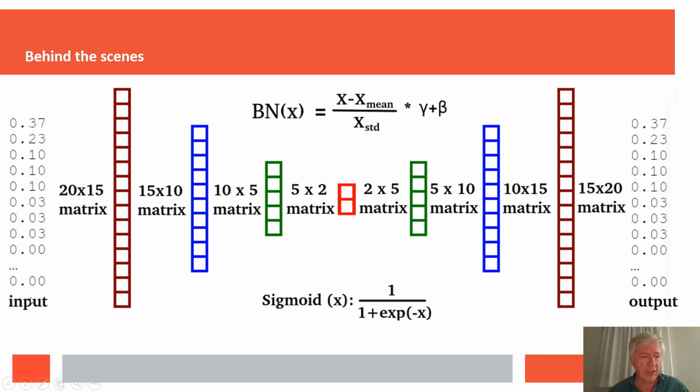The idea is you have this vector, you multiply with a 20 by 15 matrix, then you multiply with a 15 by 10, 10 by 5, 5 by 2, and then we go back 2 by 5, 5 by 10, 10 by 15, 15 by 20, and then hopefully we end up at the same vector. Of course we don't, there will always be differences. That's how life works.